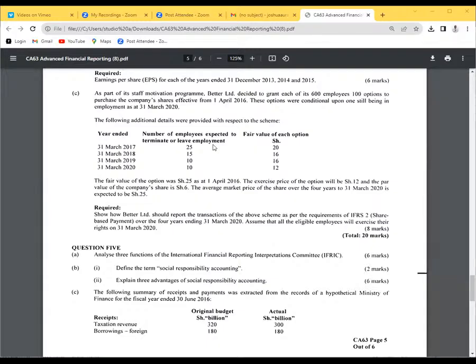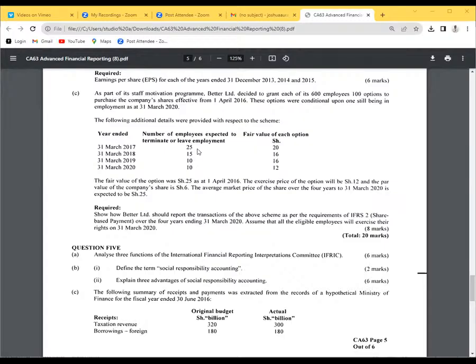This was a very easy narration, there are no percentages. The first year, we expect how many? This is quite straightforward. The first year, they expected 25 to leave. So simply take 600 minus 25 for the first year. They have simply given you the actuals. Yours is to deduct and deduct to the end.